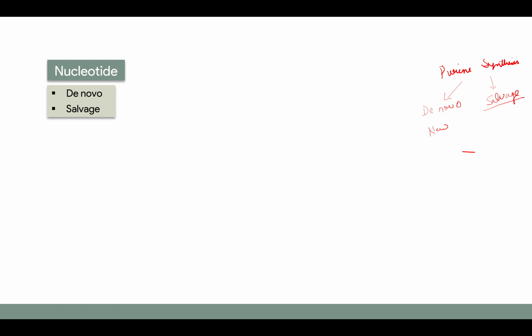In the salvage pathway, the purines which are released during degradation and digestion, or the purines which we consume in our diet, enter the salvage pathway for the synthesis of nucleotides. So basically, the purines are reutilized, and the purines present in diet are utilized via the salvage pathway. First we'll be discussing the de novo pathway for purine.